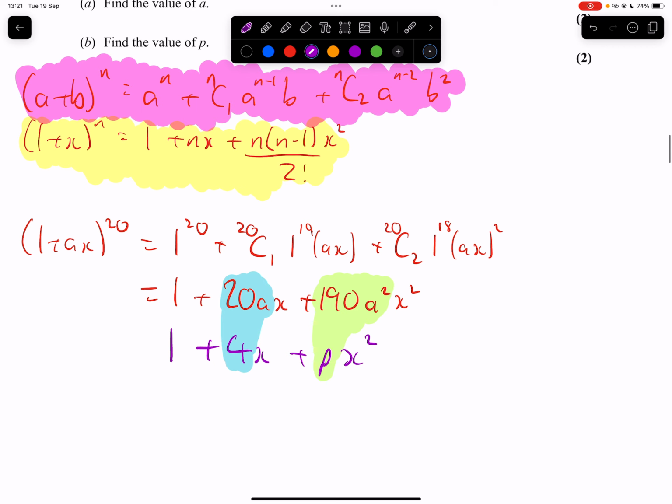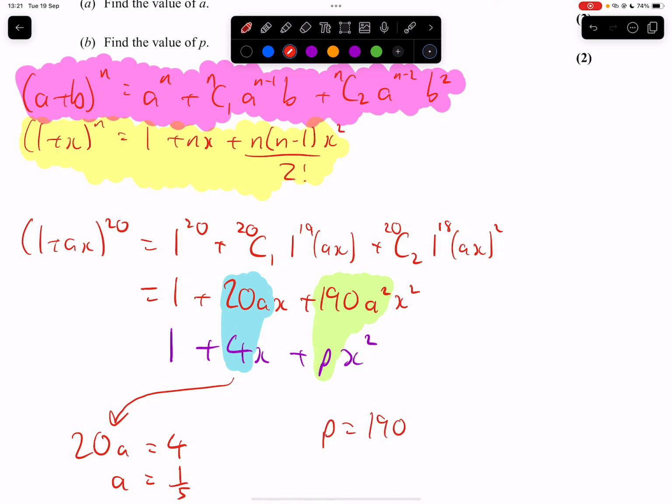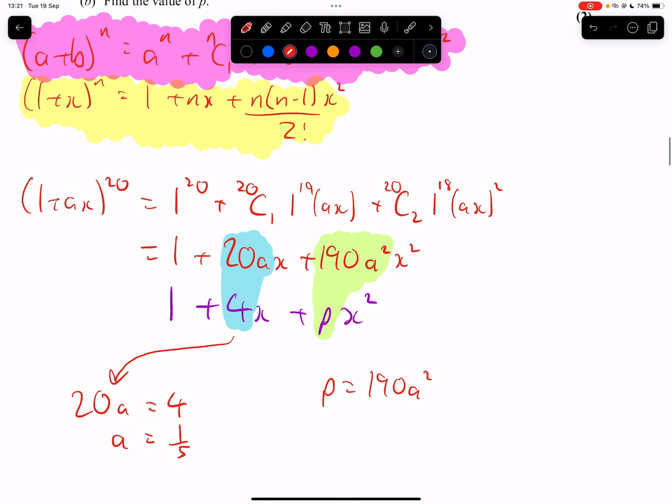If we look at the bit in blue first, that tells us that 20a equals 4, a is 1/5. And then p is 190a squared, which now that we know that a is a fifth, it's a fifth squared, which is 1 over 25.